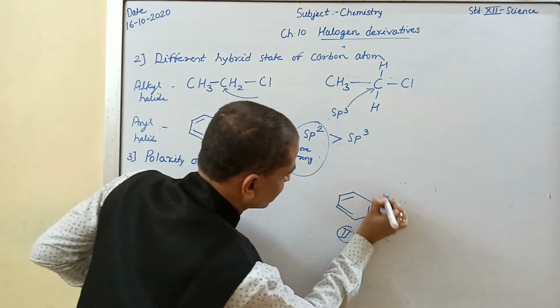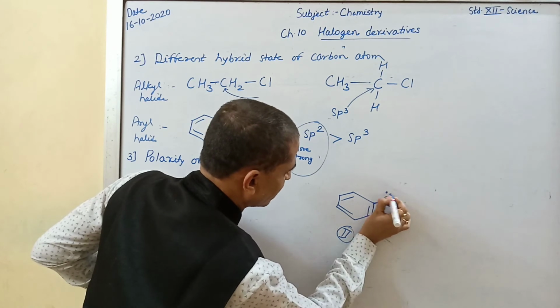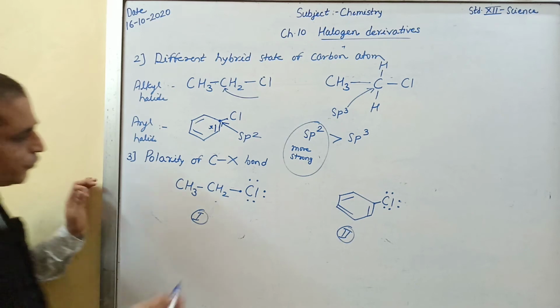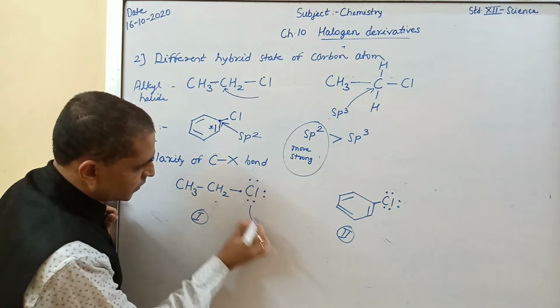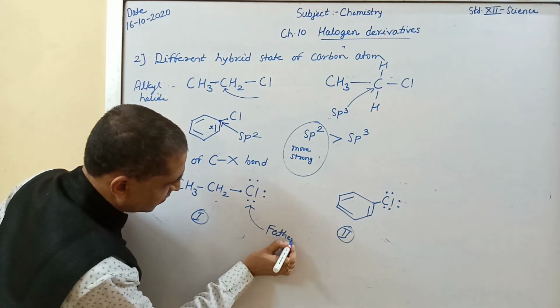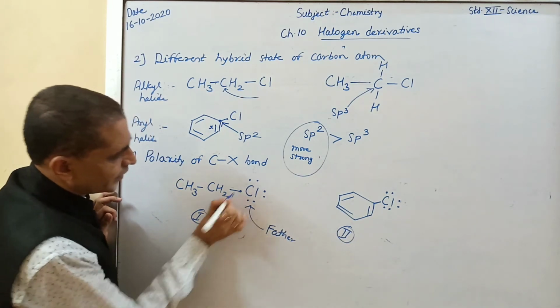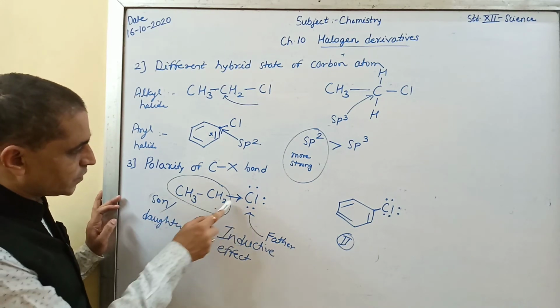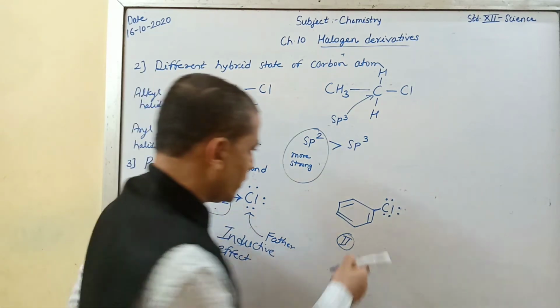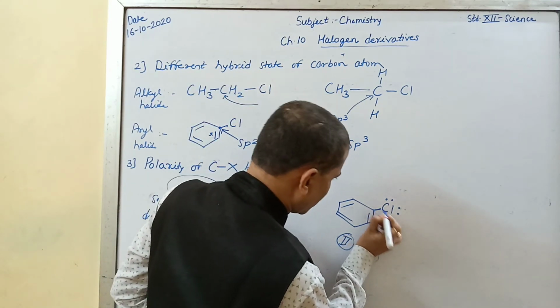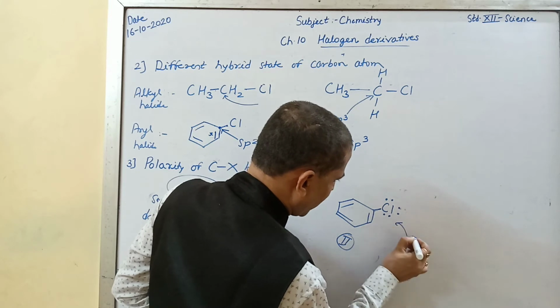What happens here? Now we can consider this is our father. Now what does father expect? There is an inductive effect. See, father expects more study from the son. See, it is a one way process. But now in chlorobenzene, halogen is what?